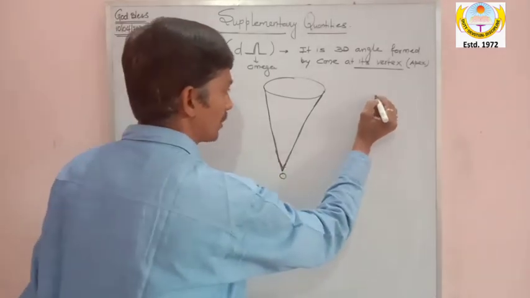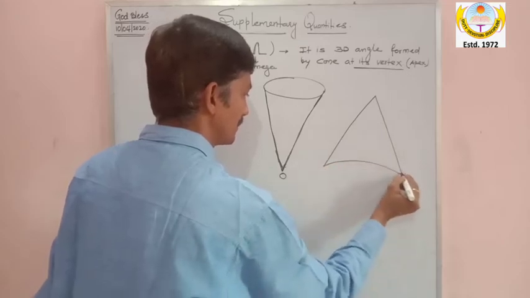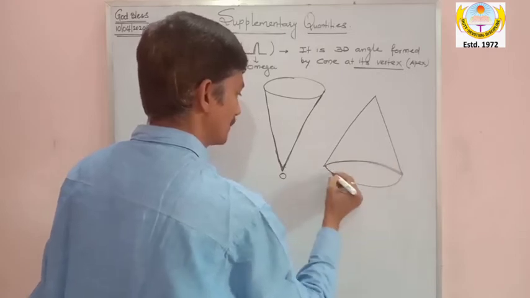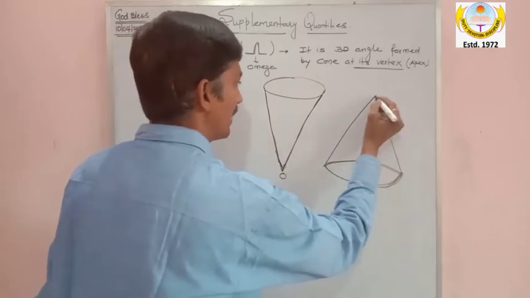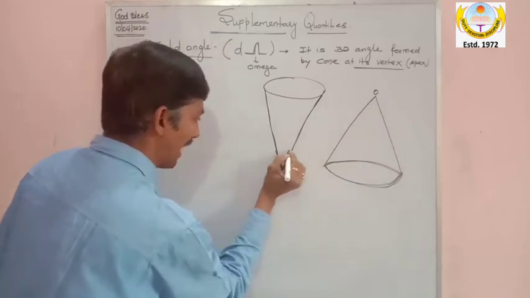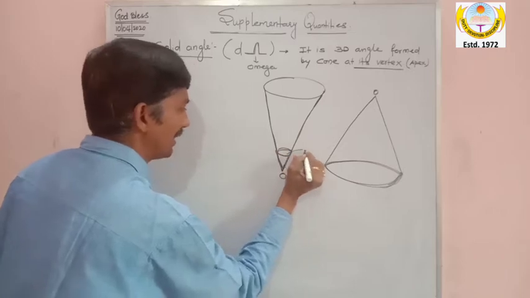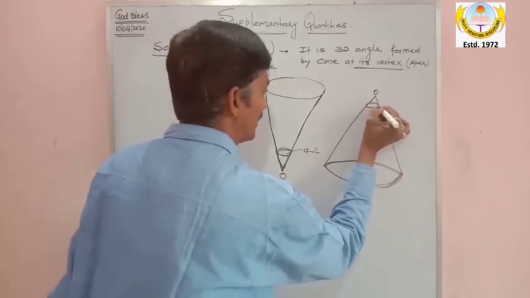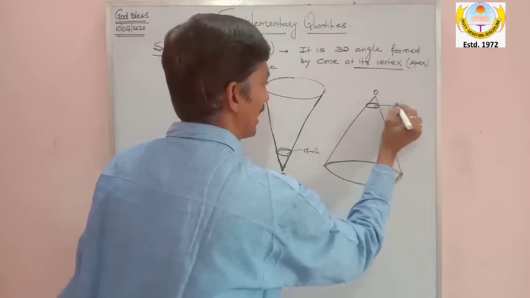I can draw this also like this. And here I can draw the vertex. And my dear, here the angle is formed. You can see this is the angle, and it is called solid angle. Here is the angle formed at the vertex of the cone, and this is your solid angle.